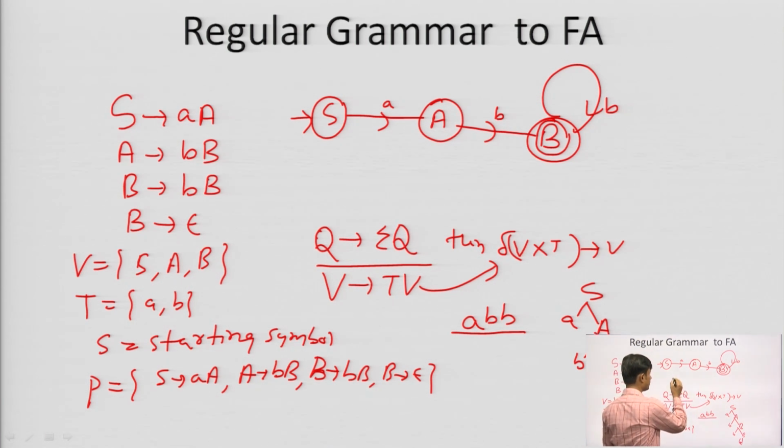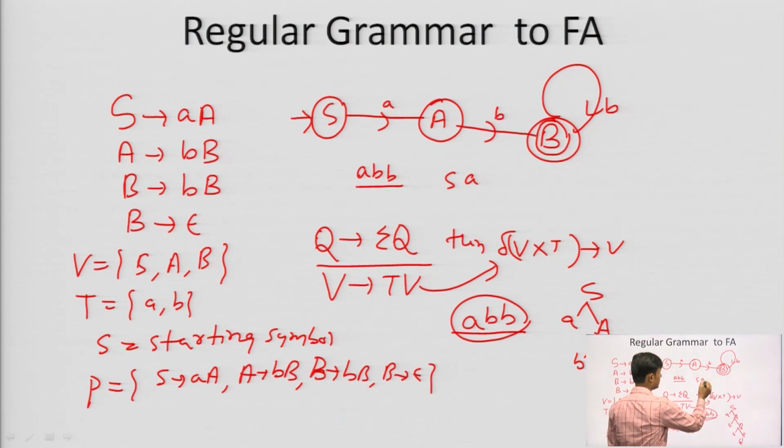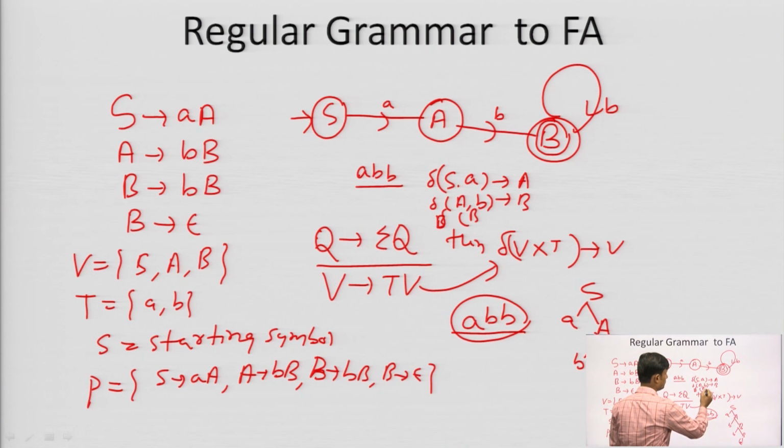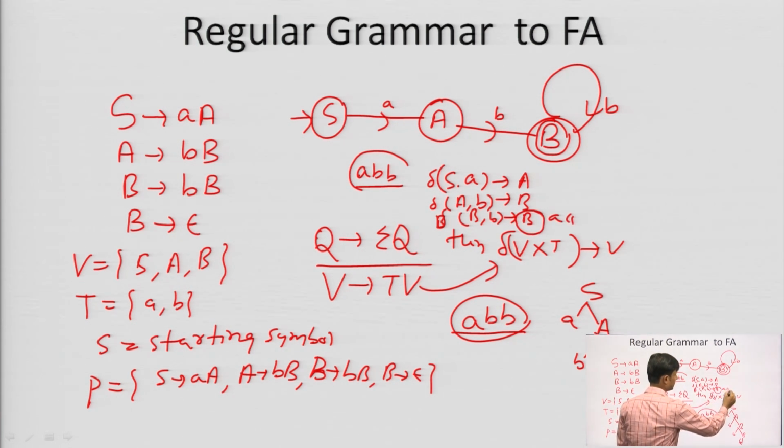Now you check here, we have the string abb, and we start reading it. We read S to A, then A to B, then B to B, and again B. Now see, this is accepted, B is the final state, and this is accepted.